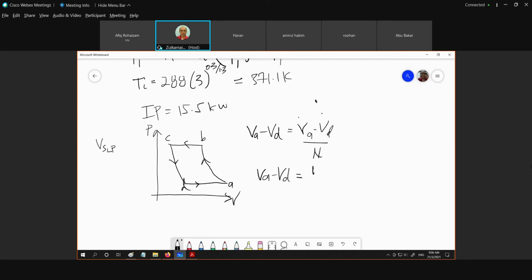So this is MRT divided by P. Jadi sini adalah P1, di sini adalah Pi. Okay. So di sini adalah kita punya T1, sini V atau VD. Di sini adalah kita punya 1.